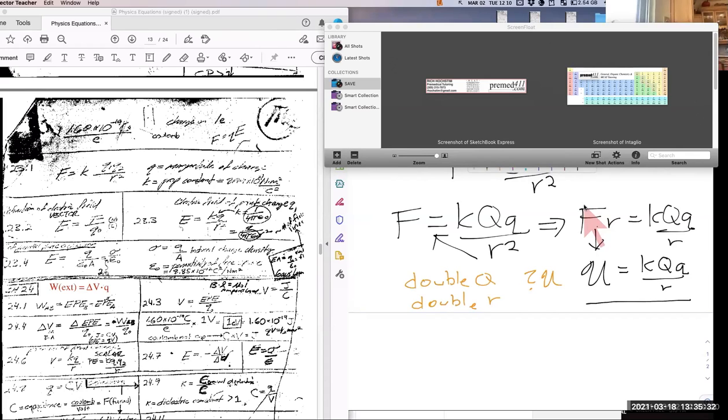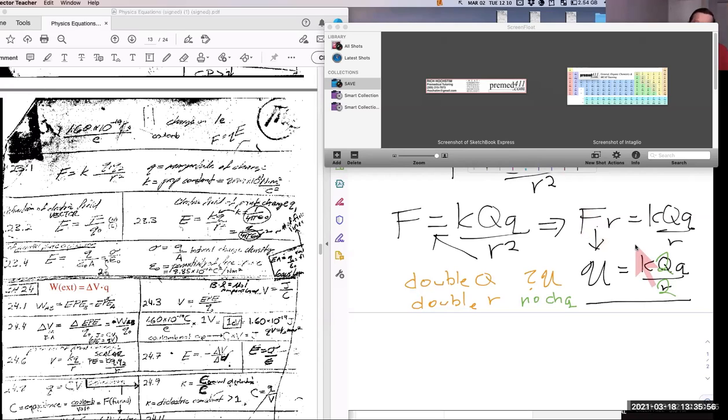Double Q and double R. No change. Those are kinds of things that come up on the MCAT. Other things come up too, but that's one of them. They like proportionalities a lot.